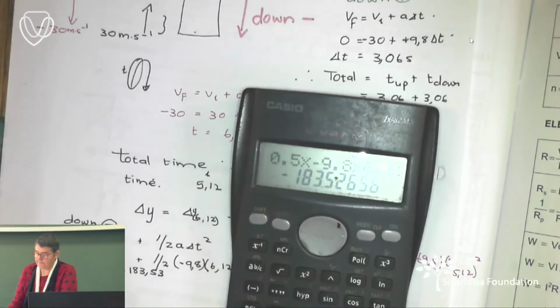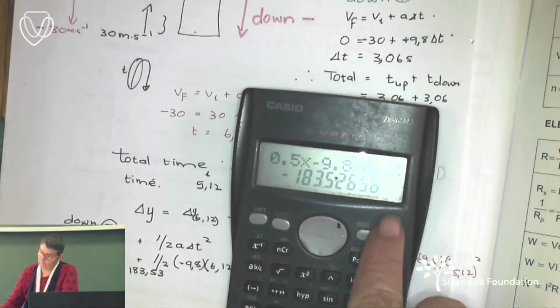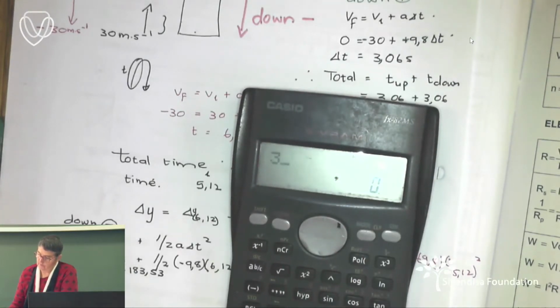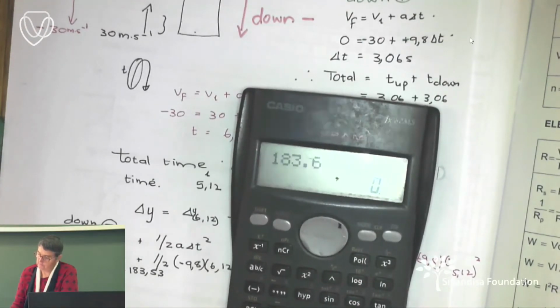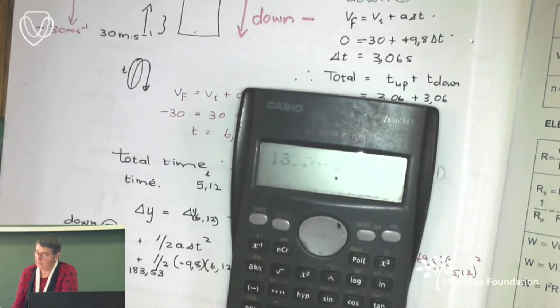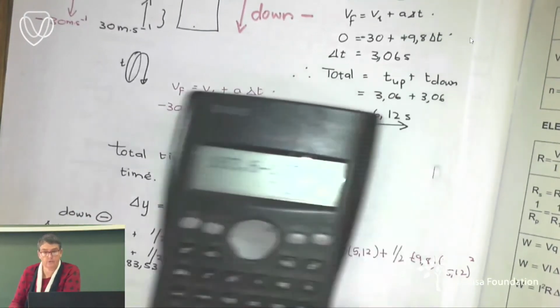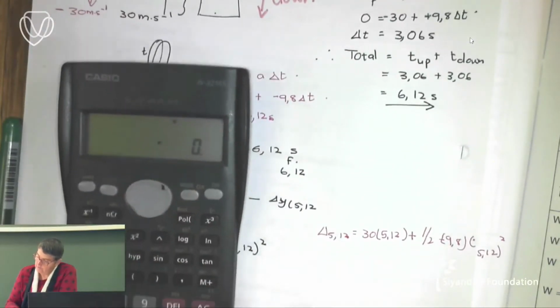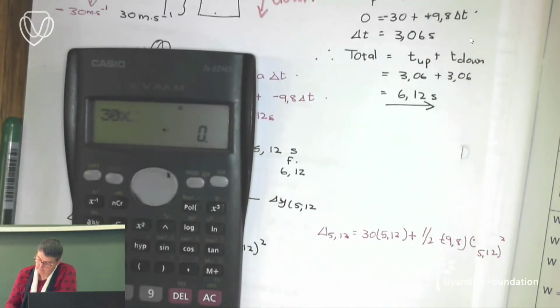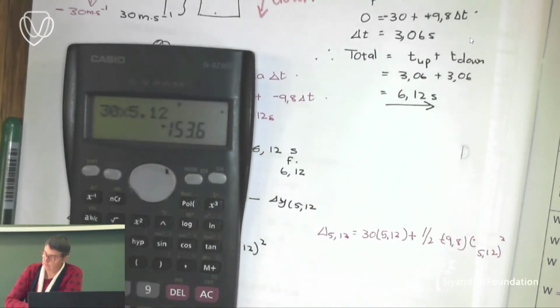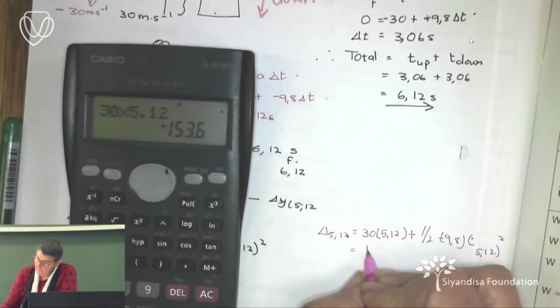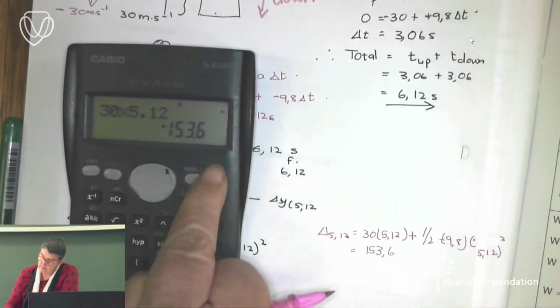So now, 0.07. Is that correct? You can just double check me, Matrix. I'm not having a good day with a calculator, it looks like. So it gives me 30 times 5.12 equals 153.6.